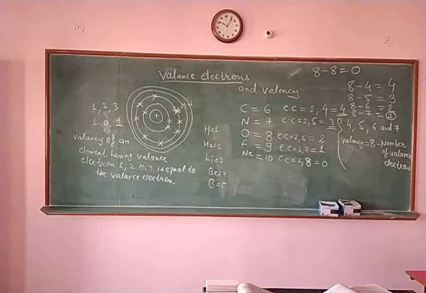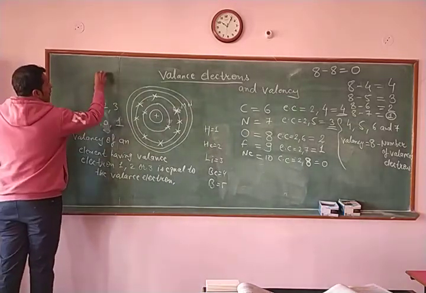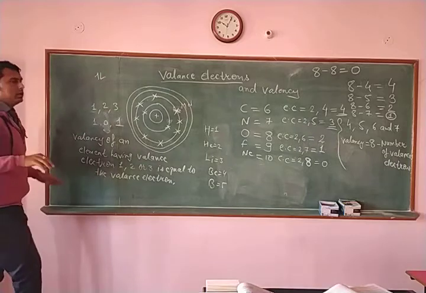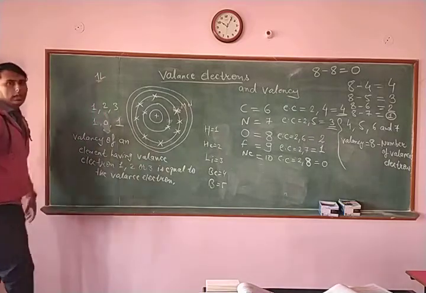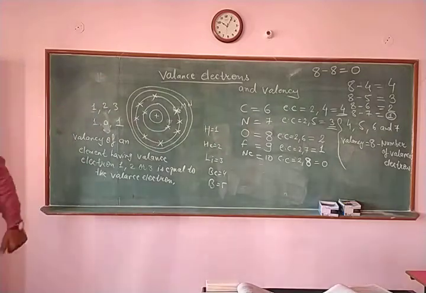What is a valence electron? An unpaired electron, because electrons always remain in pairs. A single electron is a valence electron. If they are in a pair, that is complete, and you don't need any more electrons. So the valency for neon will be 0.